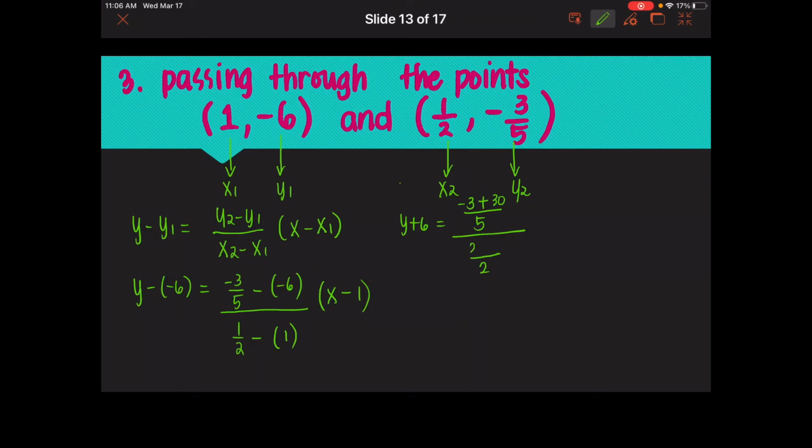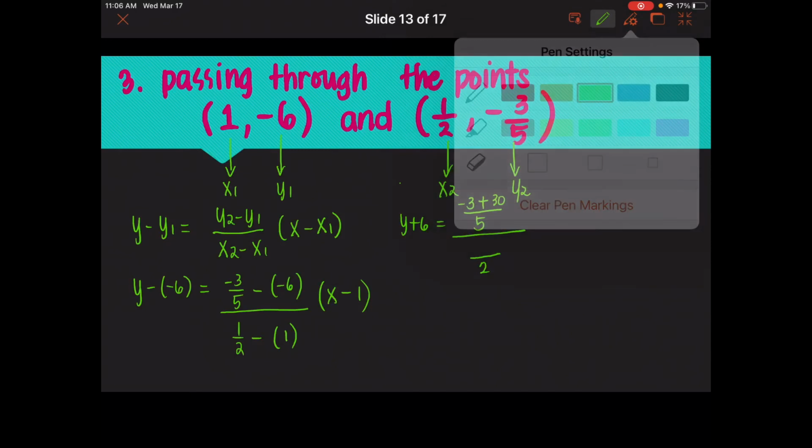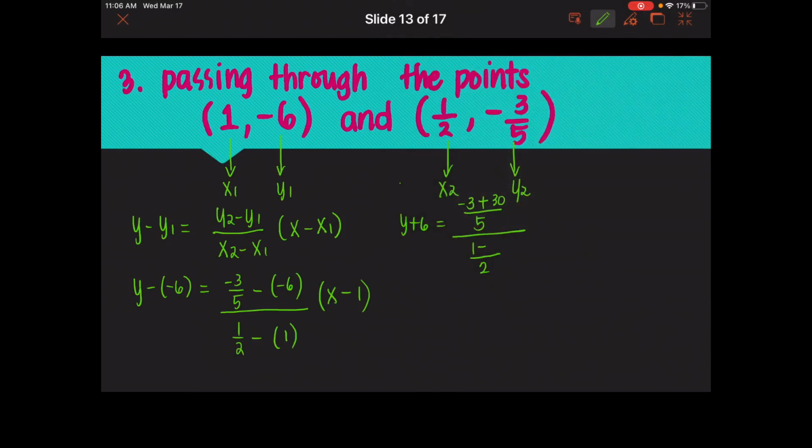So I'll have 1 minus, and then I'll just copy x minus 1. So I'll just simplify. y plus 6 equals negative 3 plus 30 is positive 27 over 5, all over negative 1 over 2, times x minus 1.